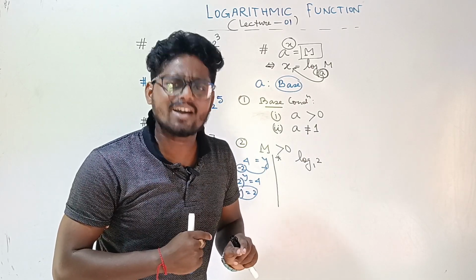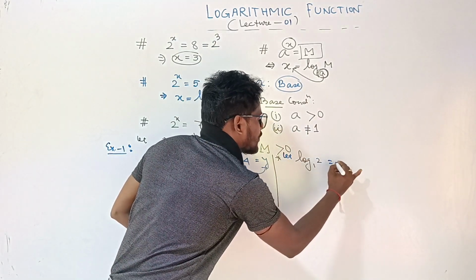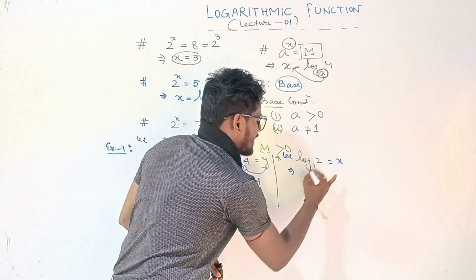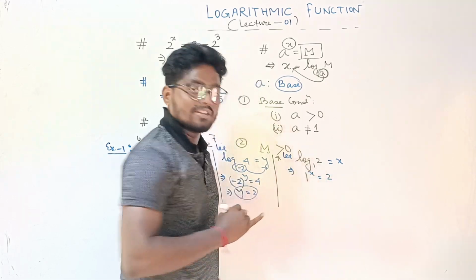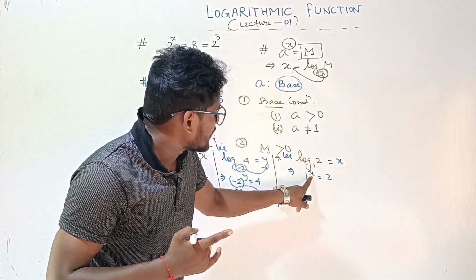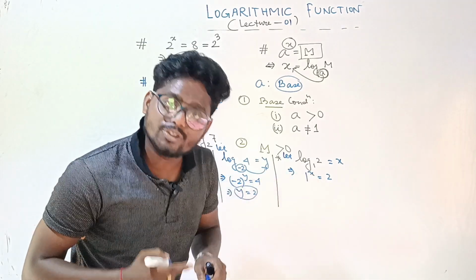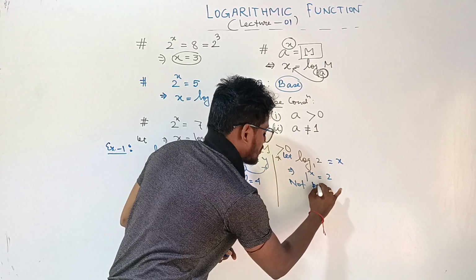So let this be equal to x. What you will get? 1 to the power x is equal to 2. Can you find the value of x so that 1 to the power something is equal to 2? No, sir. So it is not possible to find.